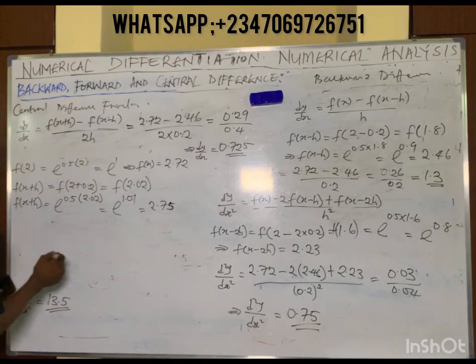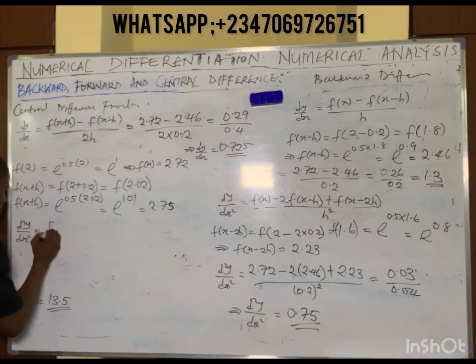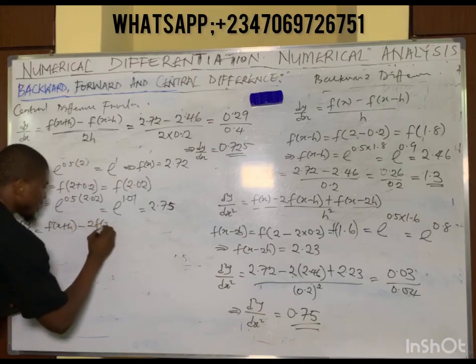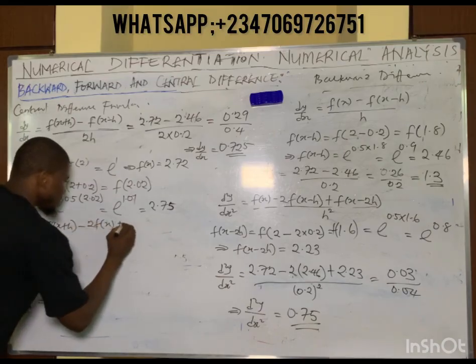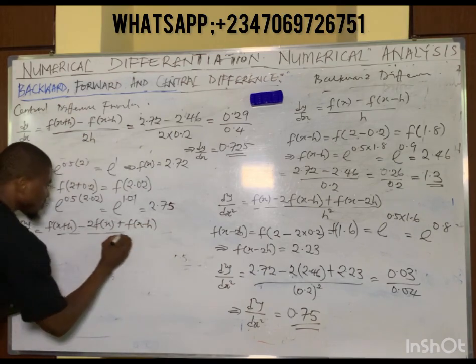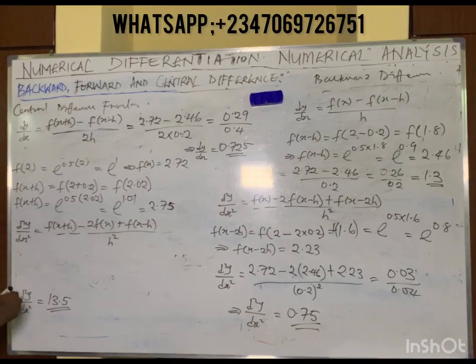So for the double derivative, d squared y over dx squared is equal to f of x plus h minus 2f of x plus f of x minus h all over h squared, using the central difference formula. We know what f of x plus h is.